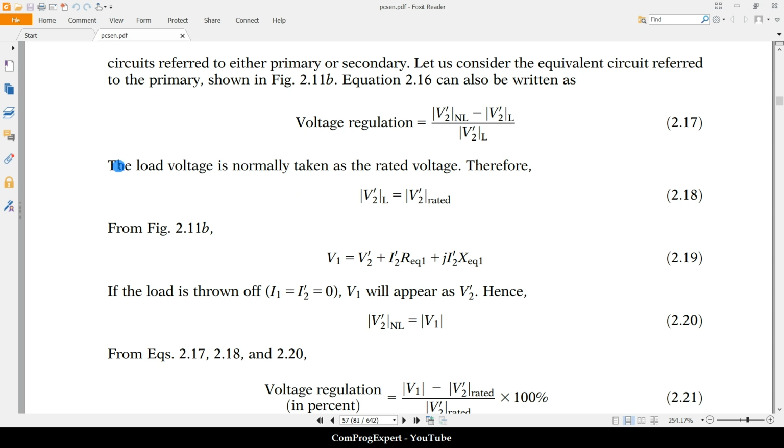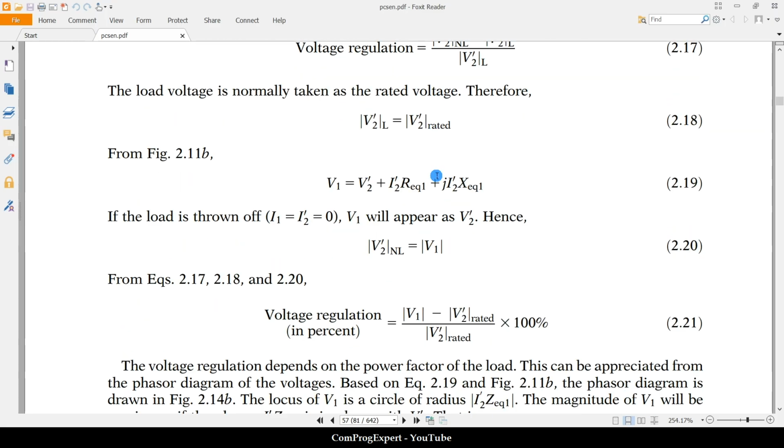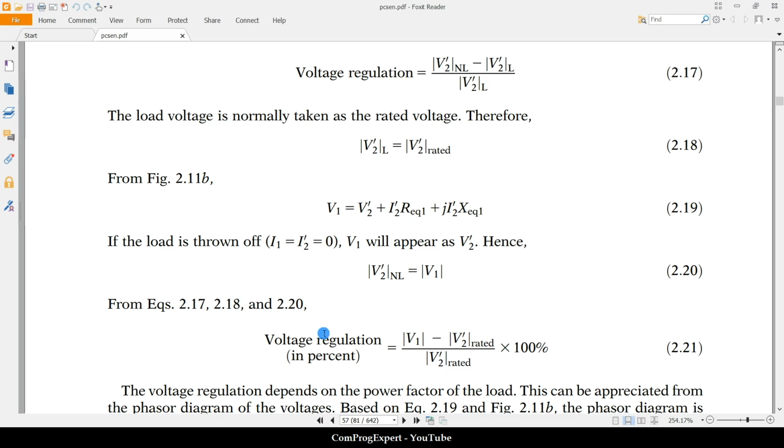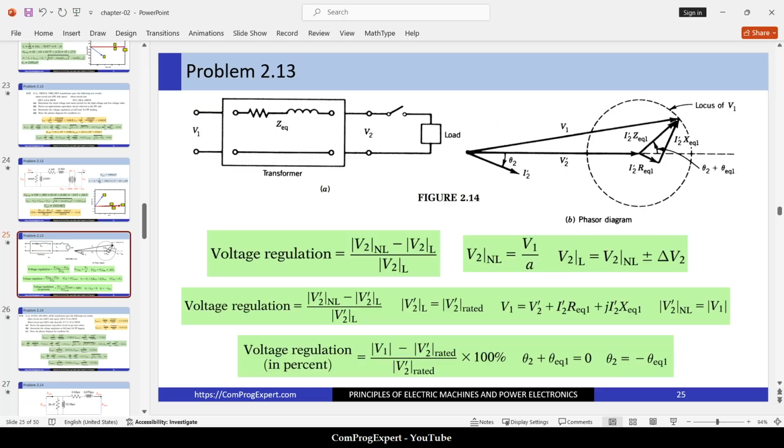And the load voltage is normally taken as the rated voltage. So I will calculate the voltage regulation and explain this part. Here you can see the summary of these equations in this slide. Okay, the voltage regulation, the corresponding definition when we have quantities at the primary side.